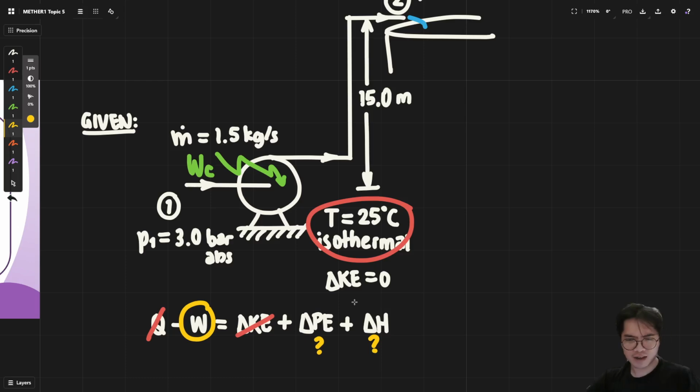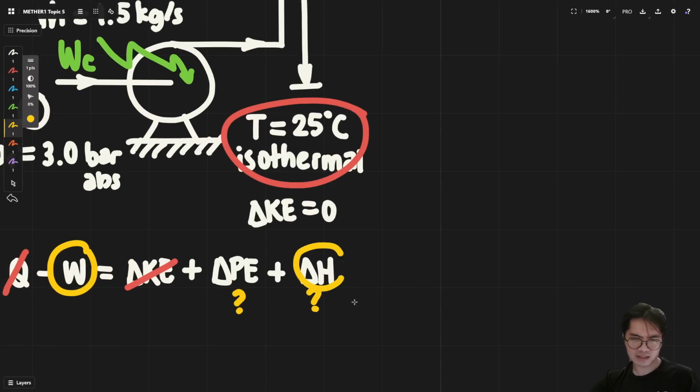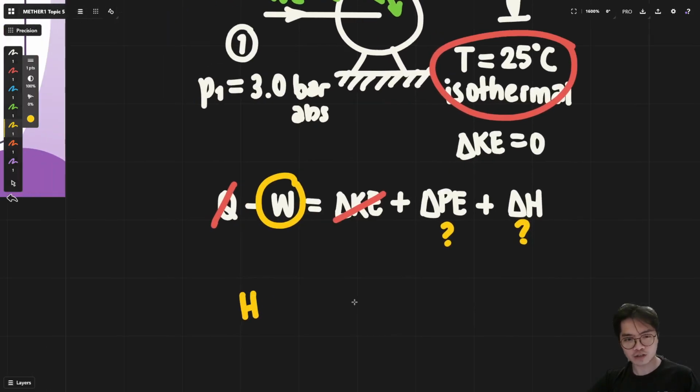Let's look at this another way. Another way is this delta H. There's something wrong with it. Or at the very least, I'm not saying that there's something wrong with it. It's more just like, we can break this apart. If you remember from earlier, your H is equal to U plus PV.